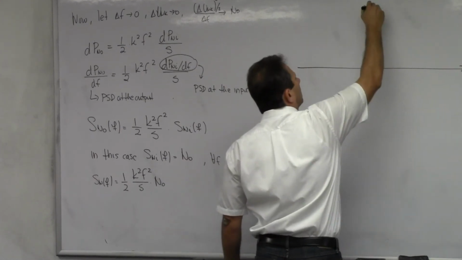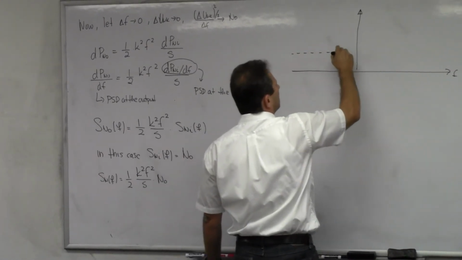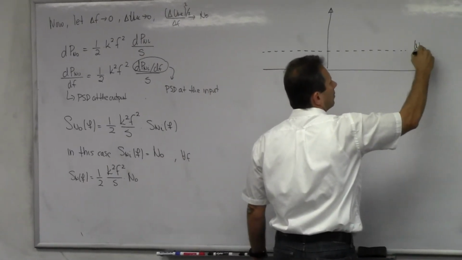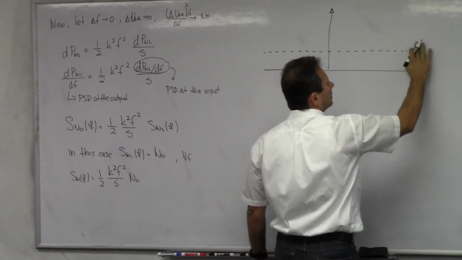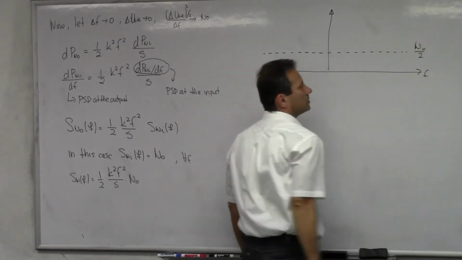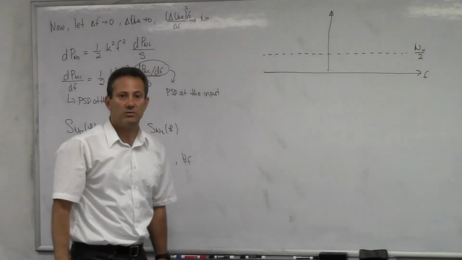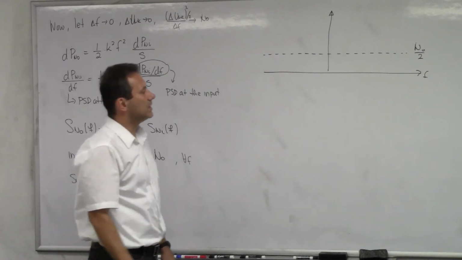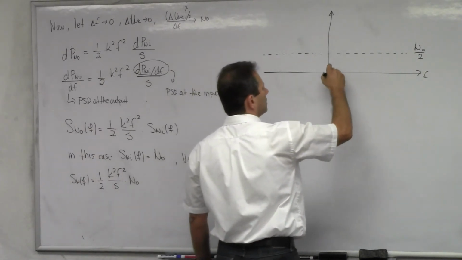Here's our power spectral density at the input. It's N0 over 2. That's our white noise, right? This is what we feed into the FM receiver. What the FM receiver does with it is this.